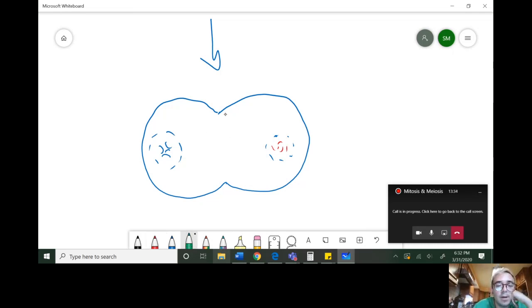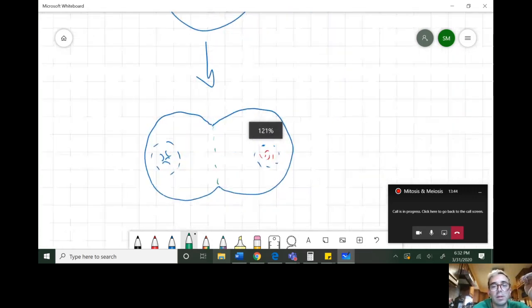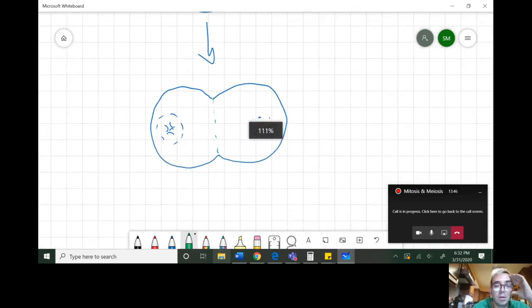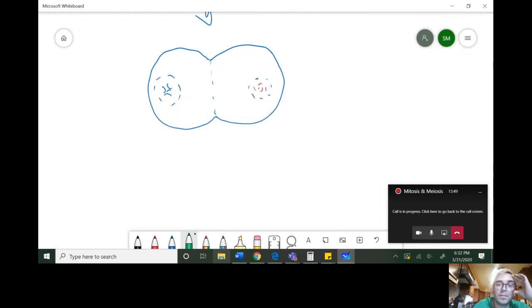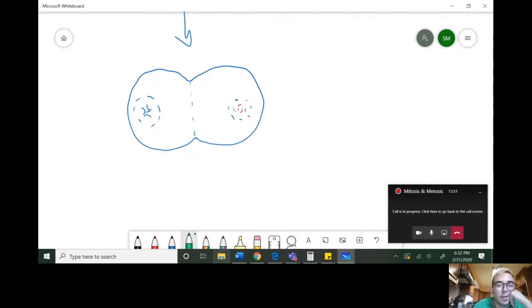And we're going to have a unique thing happening here. And it's called cleavage, where the cell starts to separate. But first it has to set itself up. So this is our telophase. And it's still together, so we would still say this is a 4N stage.